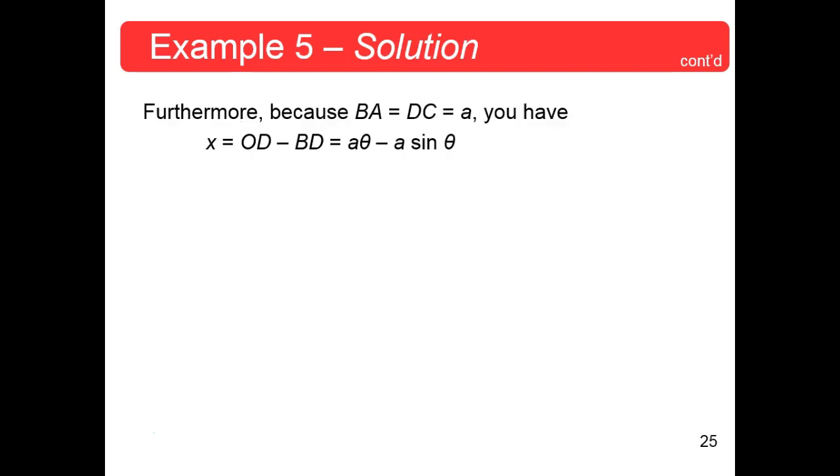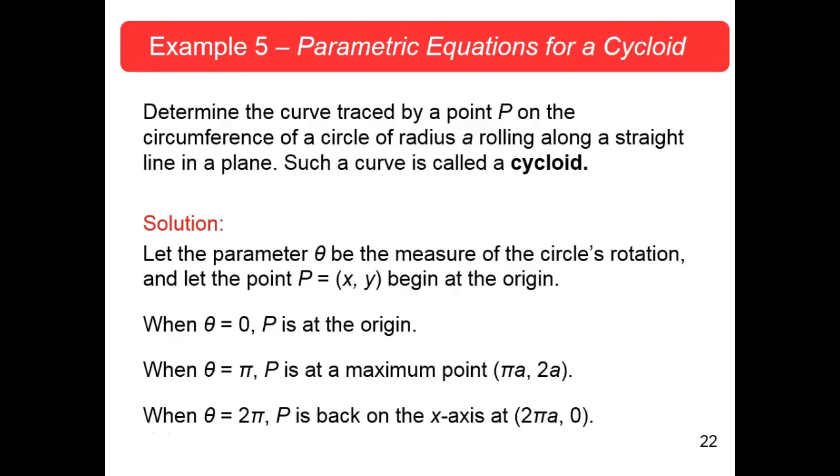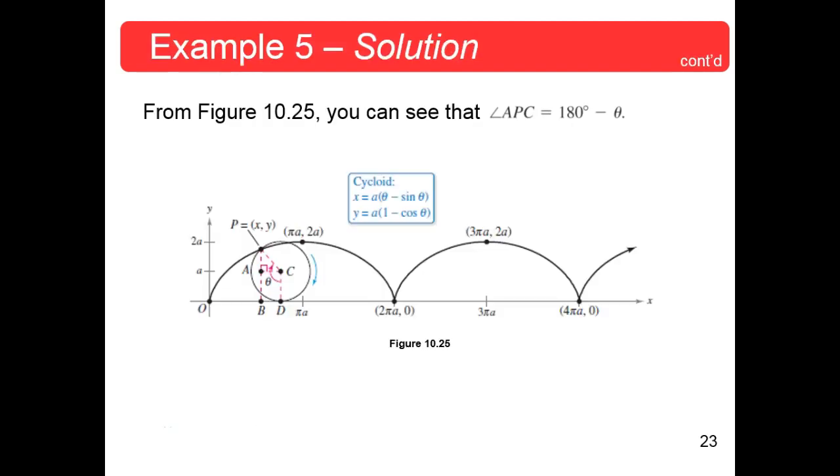Okay. Furthermore, because AB is equal to DC, and that's equal to A, so let's go back and see. Whoops, too far. AB, this is pretty interesting, okay? I would have started it the other way.